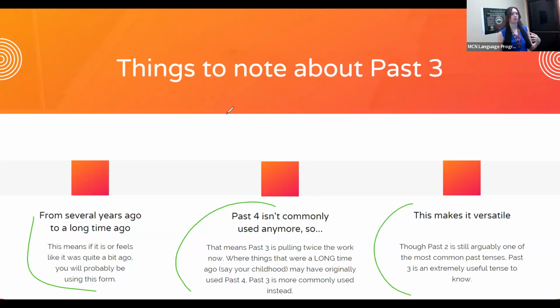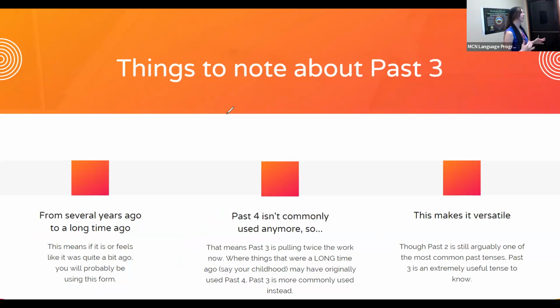Though past 2 is still arguably one of the most common past tenses, past 3 is an extremely useful past tense, because if I want to talk about anything from my middle school years, my elementary years, growing up, I'm going to use past 3. So anything like that we might want to tell stories about, past 3 is a really good one to know. So it's still very versatile and very useful.